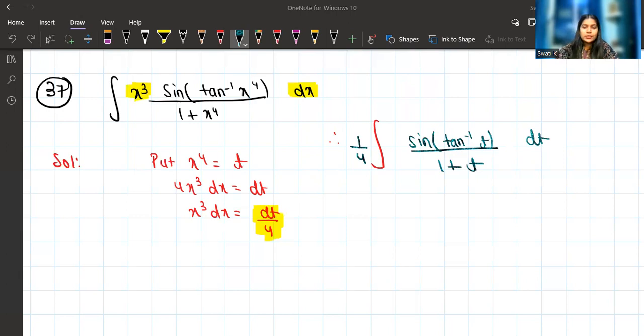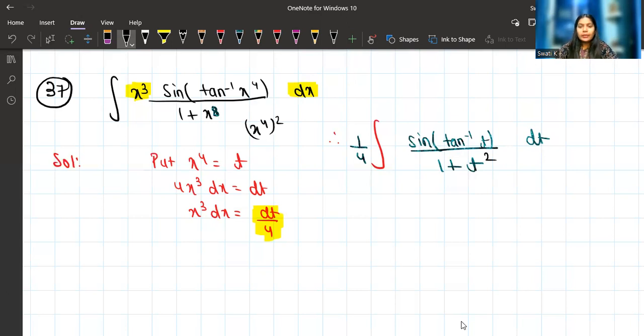Okay, so this is not x raised to 4, this is x raised to 8. Otherwise, it is impossible to solve this question. So this is x raised to 8. So I can write down this x raised to 8 as x raised to 4 raised to 2 by using the property of exponent. But x raised to 4 is t, so it is t. And then we have a square, so t square. I hope it is clear.